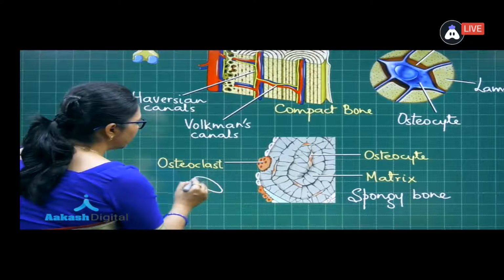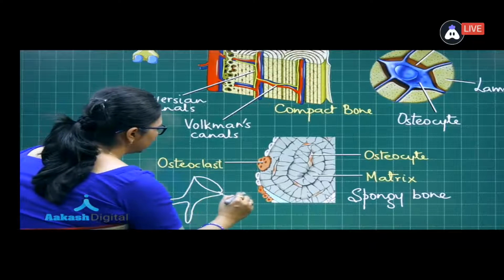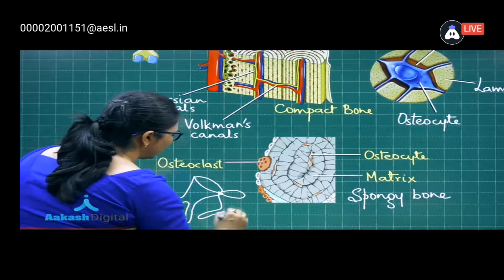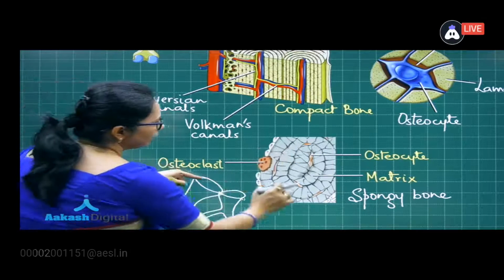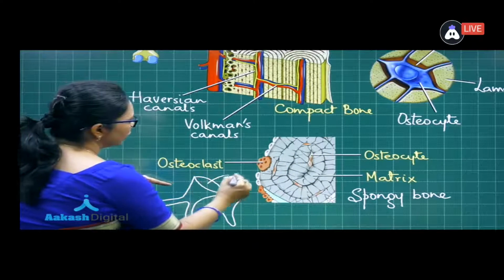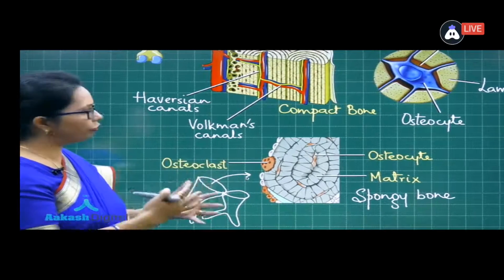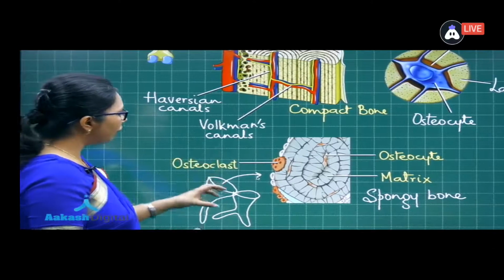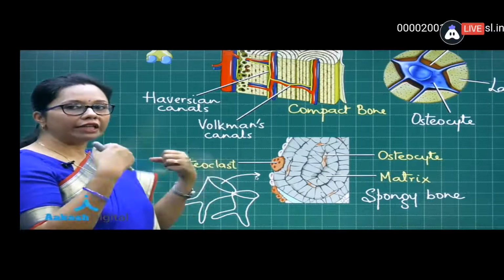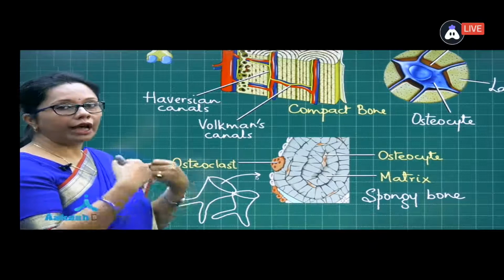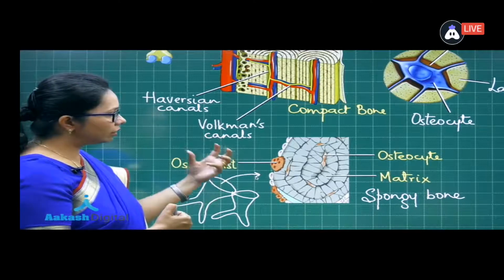So a number of beams like this are present, and if we take a section through one of the trabeculae, we will see this kind of arrangement. It will appear as if a number of beams are arranged one over the other. It will appear highly unorganized, but actually they are present in such a direction that they can sustain the weight of the body and help the body maintain its structure.